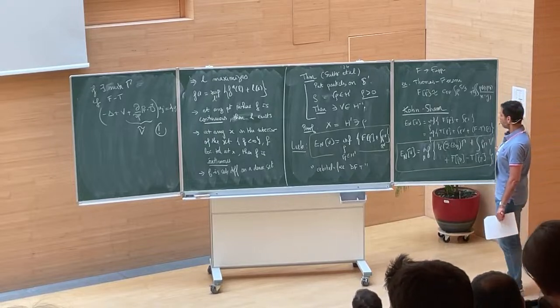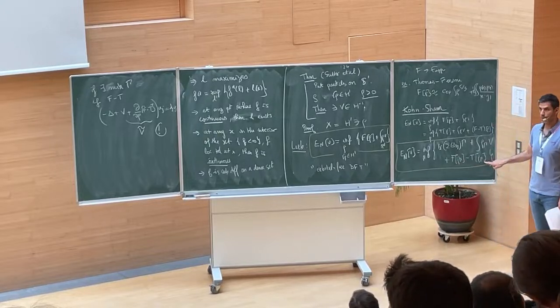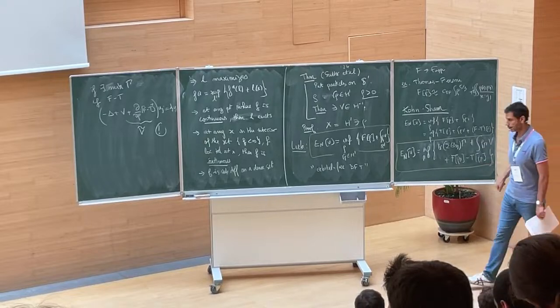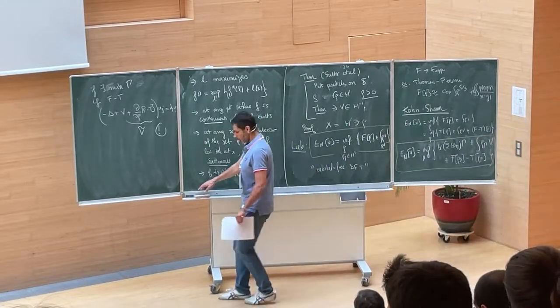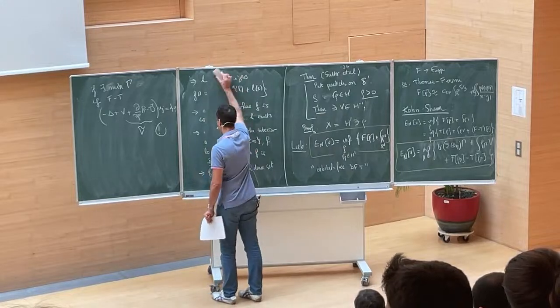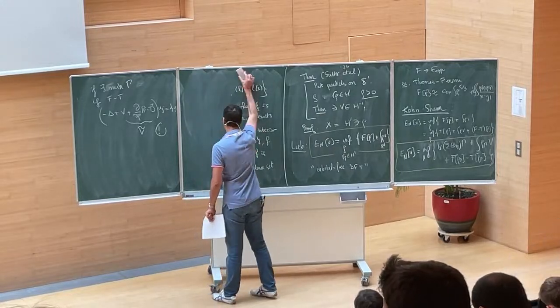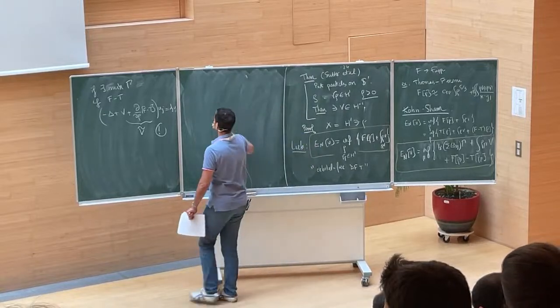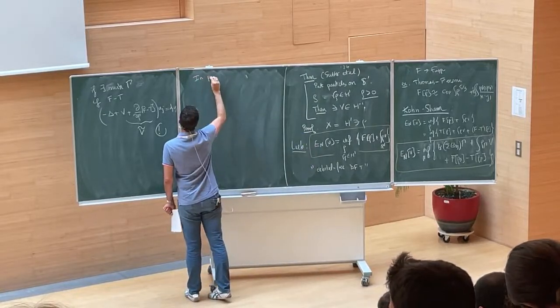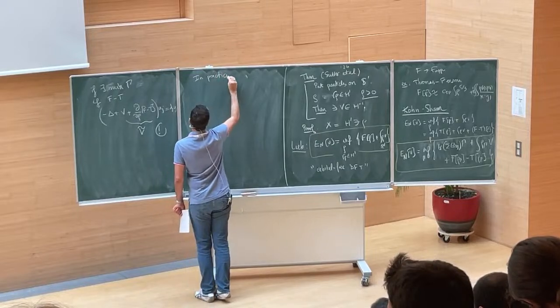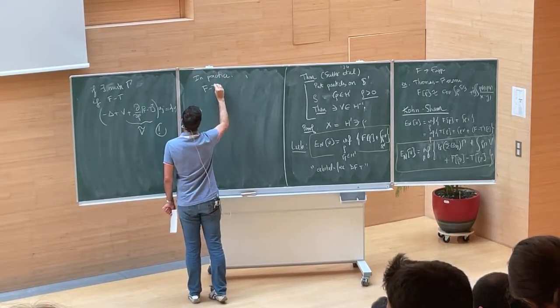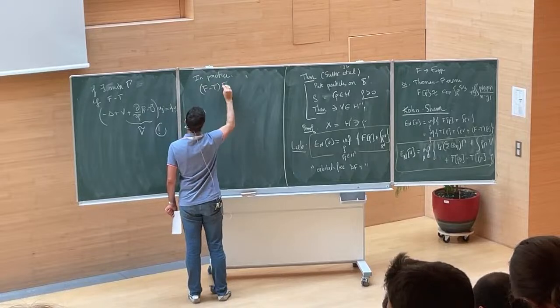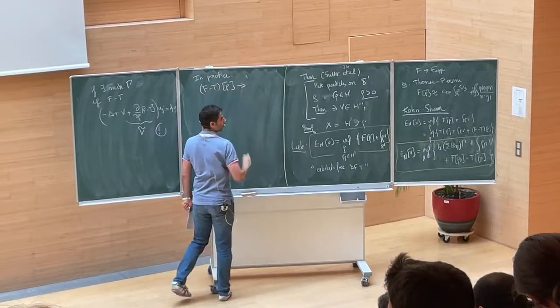And so what do you do in practice? Now you find approximations for F minus T. And so let me finish with this. In practice, you replace the unknown F minus T of rho by an approximation.